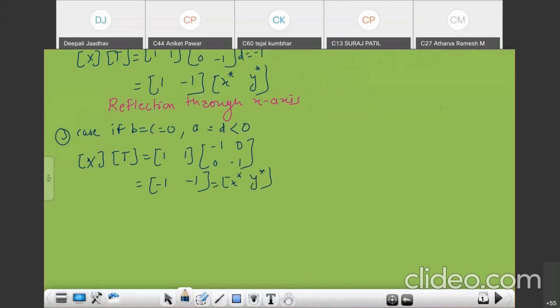Now see it diagrammatically, then it becomes simple to understand. This is x, x star, y, y star. 1, 2, 3, 4, and -1, -2, -3.